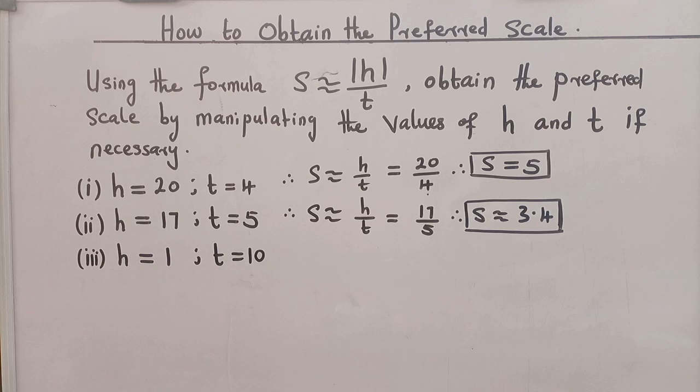How do I do that? This 3.4 is not a preferred scale for reasons I gave earlier. The next thing I do is that I have to push this 3.4 up to the nearest number that can make calibration easy.